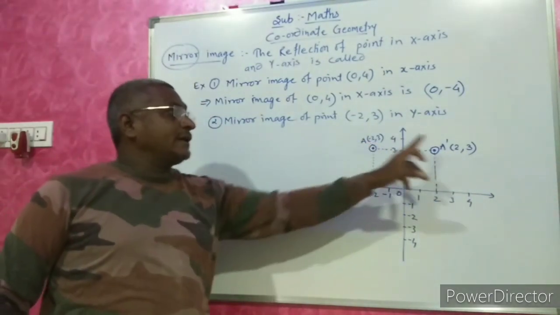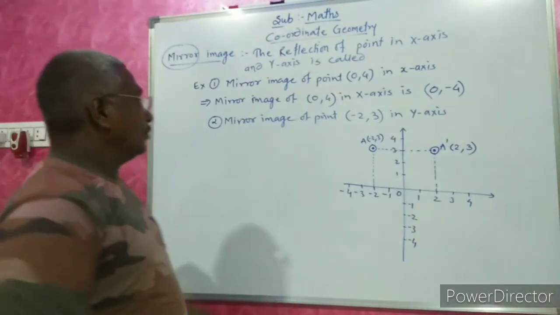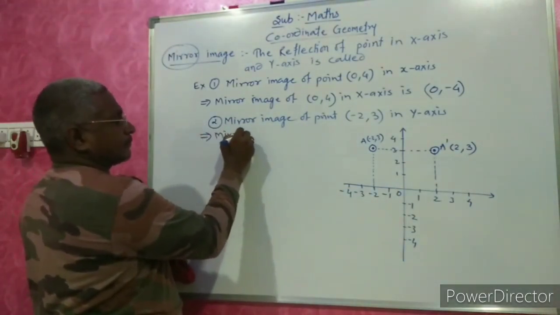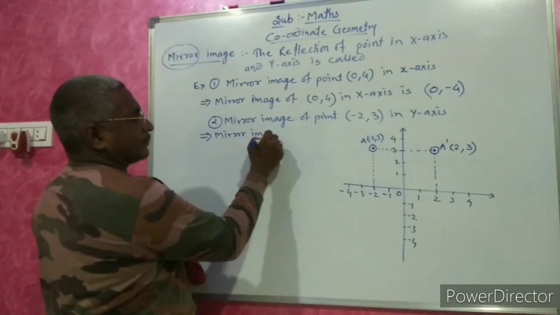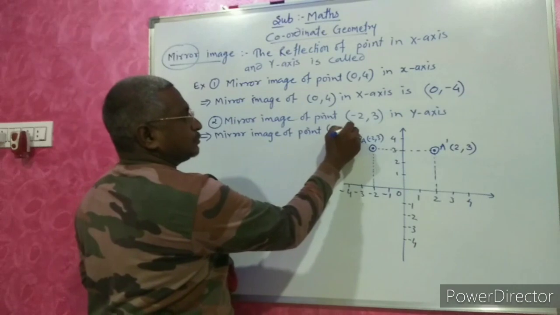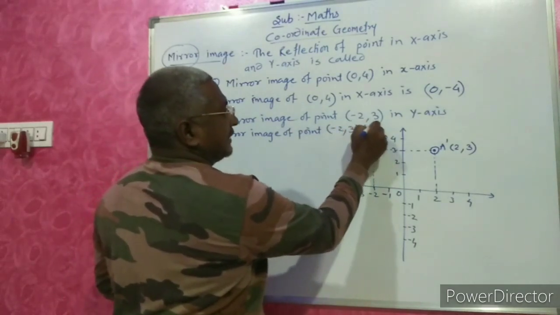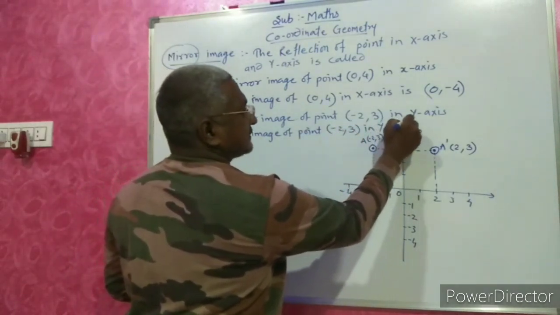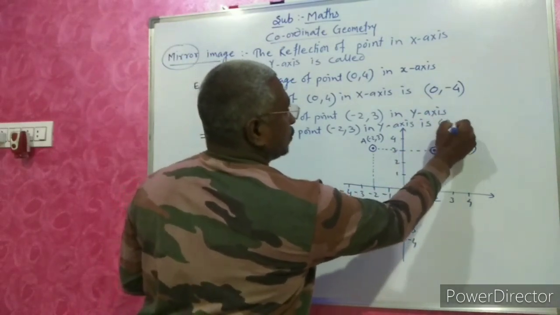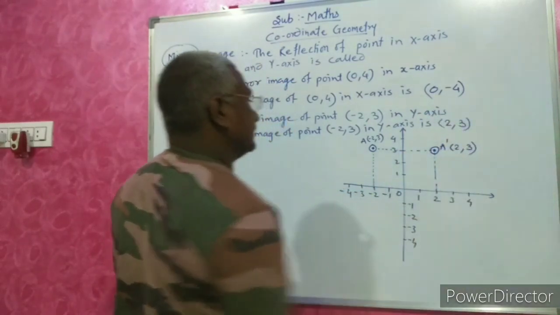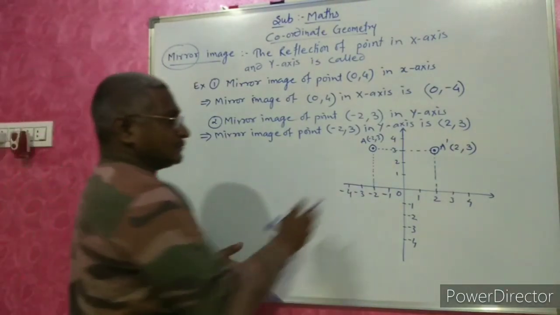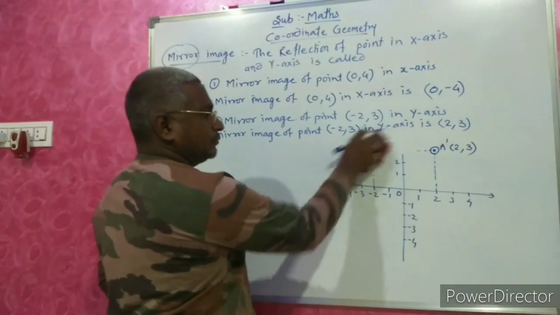Here minus was there, here plus. So the mirror image of point (-2, 3) in the y-axis is (2, 3). Understood, students?